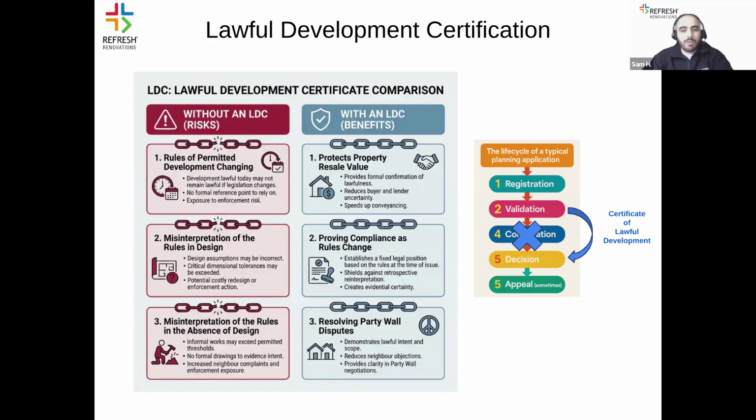Now, one might ask, what's the point of submitting for a lawful development certificate if the whole point of going through that route is to avoid waiting and going through the hassle of securing planning permission?